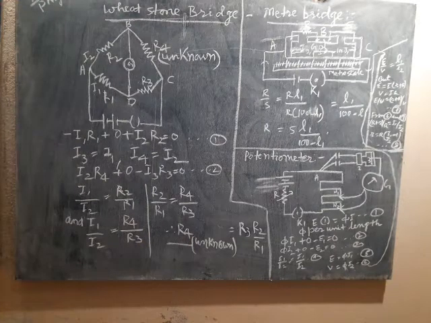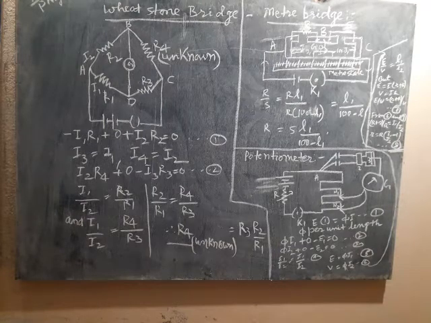Here you are observing minus I1 R1 plus 0 plus I2 R2 is equal to 0.